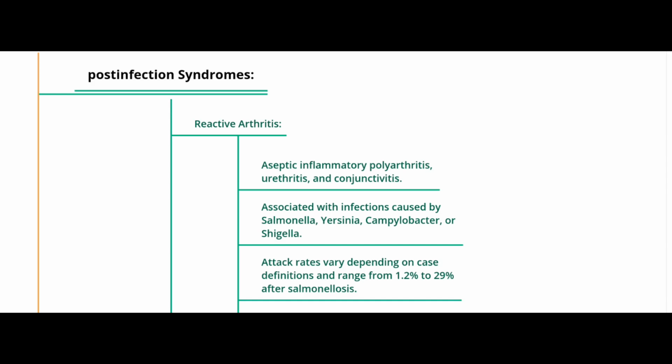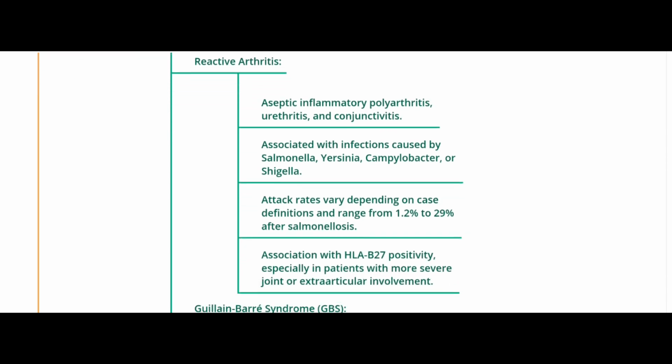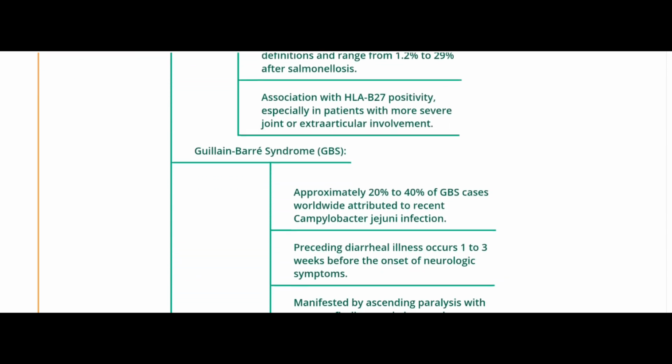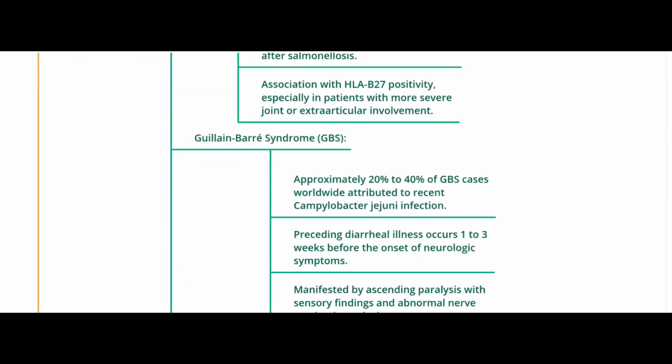It is associated with infection caused by Salmonella, Yersinia, Campylobacter, or Shigella. It depends on case definitions, and the attack rate might range from 1.2 to 29% in salmonellosis, for example. There is a big association with HLA-B27 in the patient, and this patient will have other comorbid joint disease.